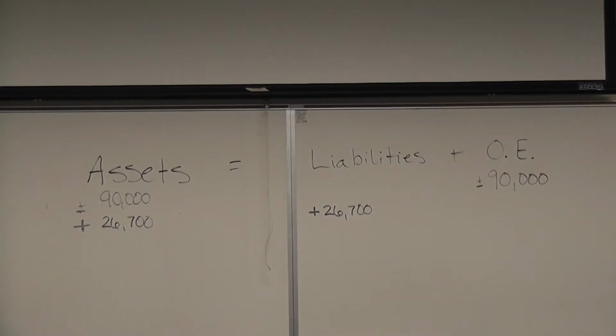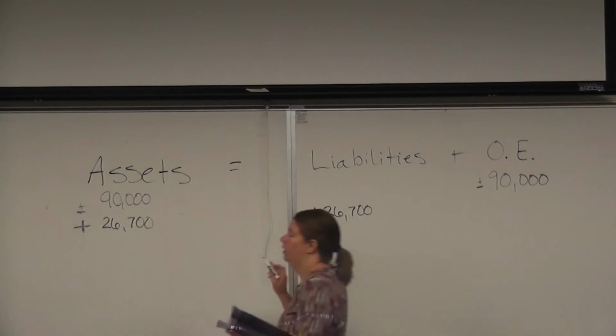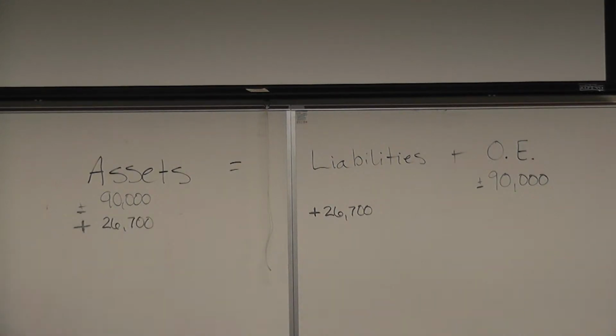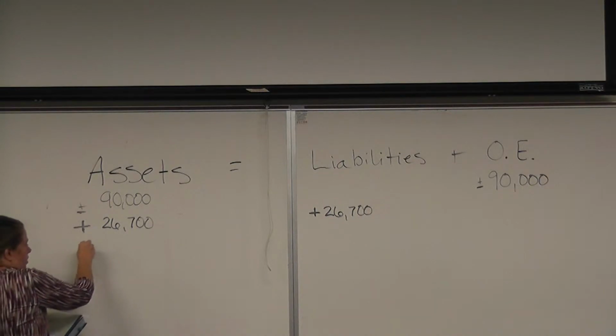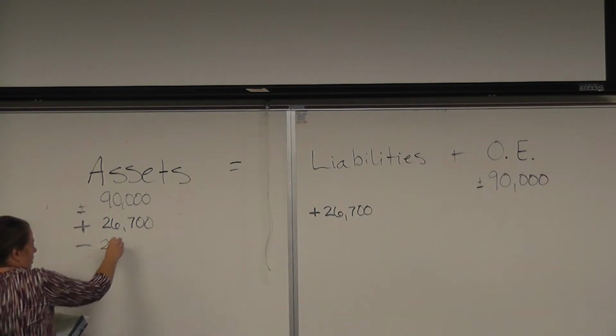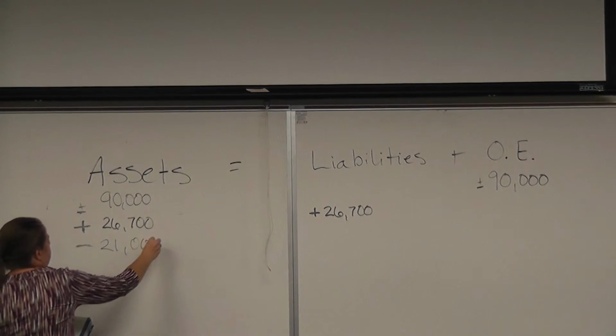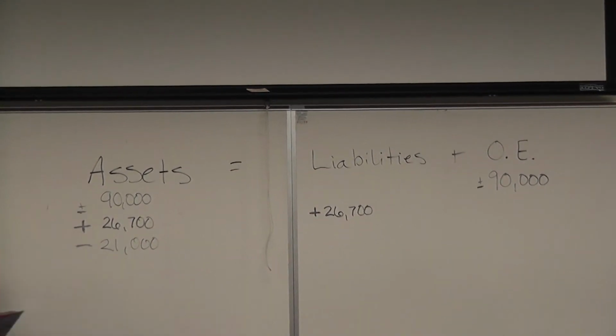Number 3, purchase equipment for $21,000 in cash. So we paid cash. So we decreased an asset, but then what did we do? You increase an asset.